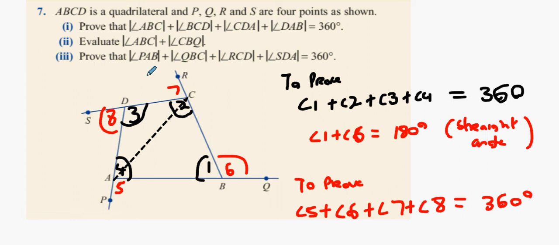Well, the trick here is that we have a couple of straight angles. That's a straight angle, that's a straight angle, that's a straight angle, and that's a straight angle.